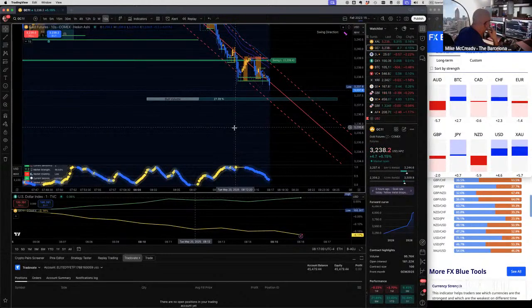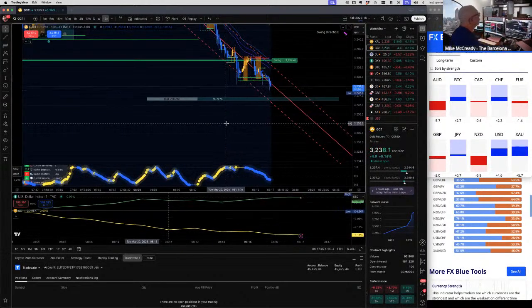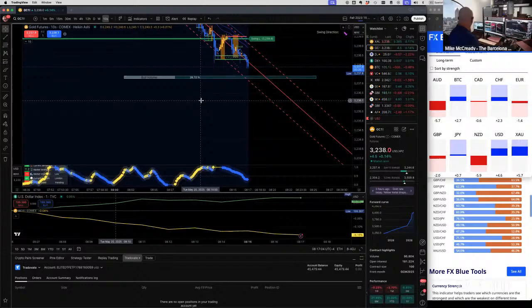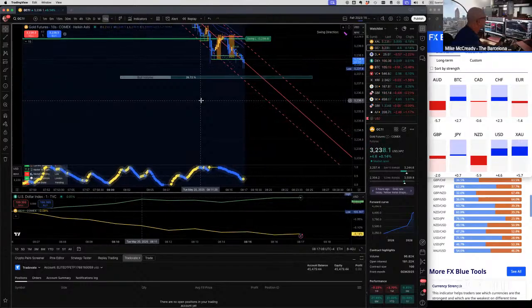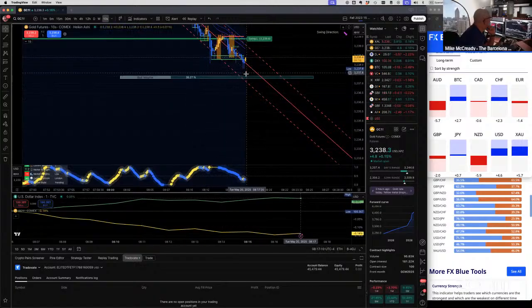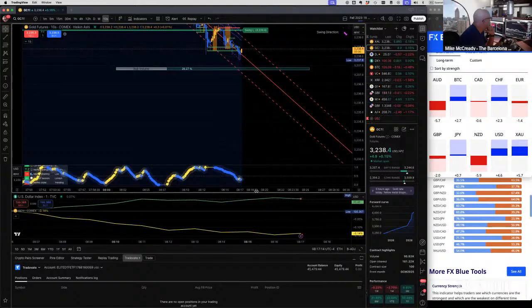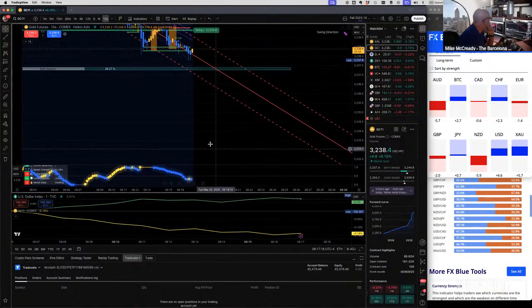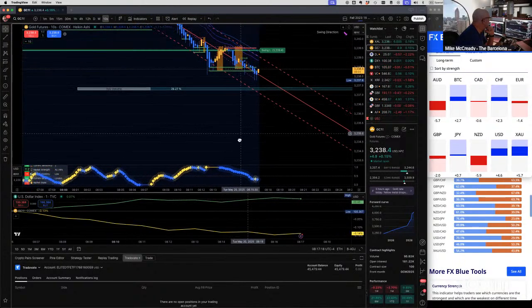Whoa, here we go. So if it comes below this bull volume here, that would be where we start trading it, I think, on the way down. What do you think? I guess it's all about price action and momentum at this point.